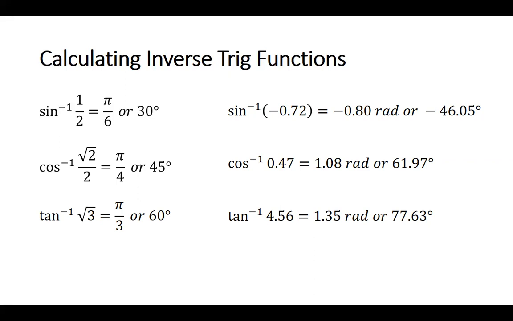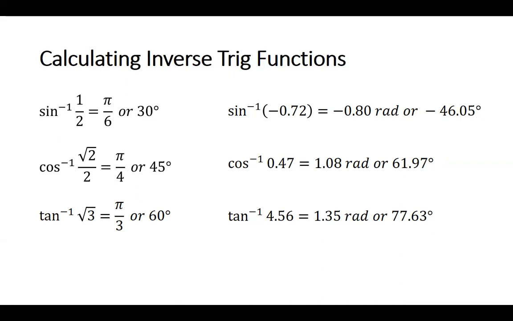In fact, looking over again at what we did on this left-hand side here, the inverse sine of 1/2: sine is positive in the first and second quadrants. So that could be 30 degrees, or it could be 180 minus 30, so 150 degrees. So 30 or 150 degrees. Cosine, and the inverse cosine of square root of 2 over 2: cosine is positive in the first and fourth quadrants.